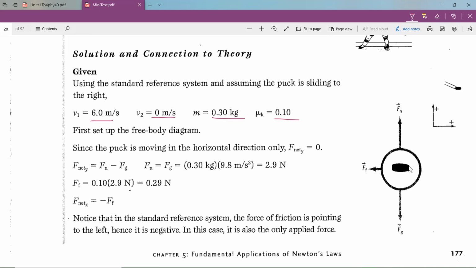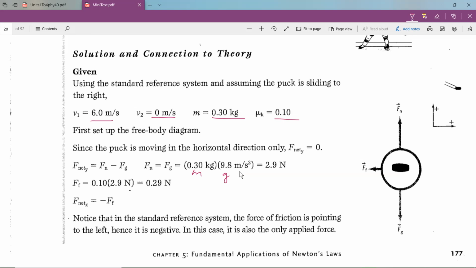So in the y direction, the normal force equals the gravitational force, which is going to be m times g, 0.3 times 9.8, 2.9 newtons. So that is my normal force. The friction force is mu times the normal force, so 0.29 newtons.